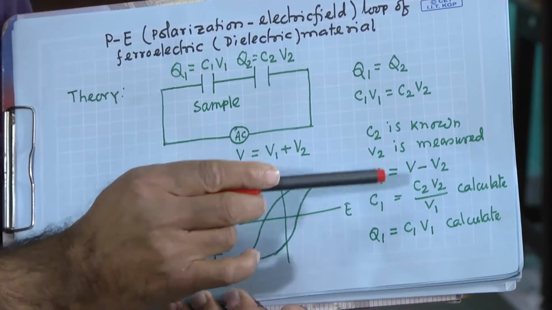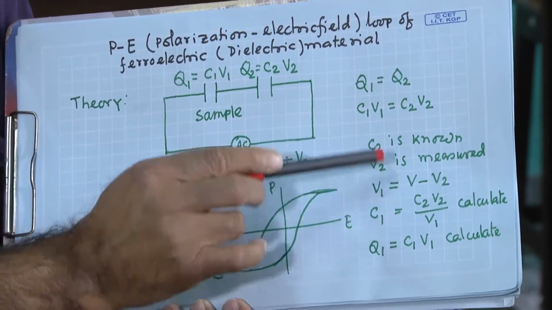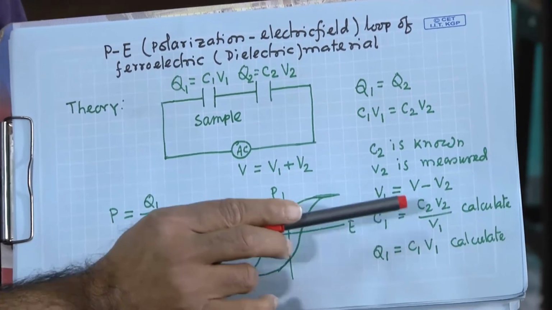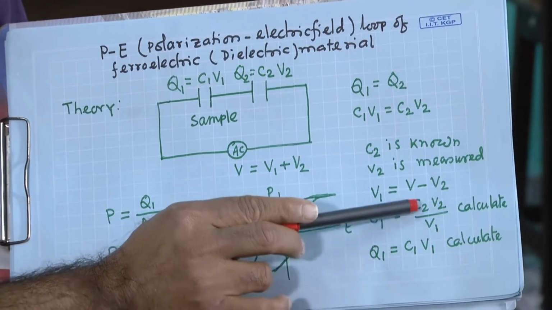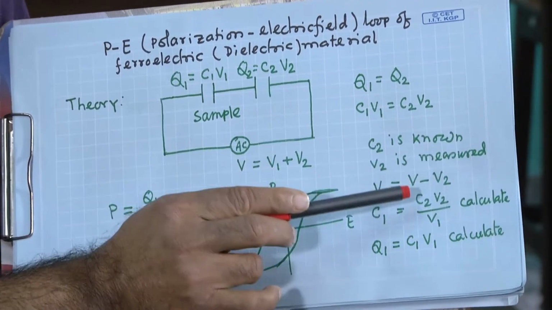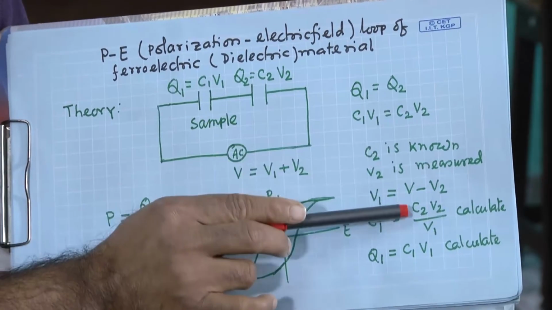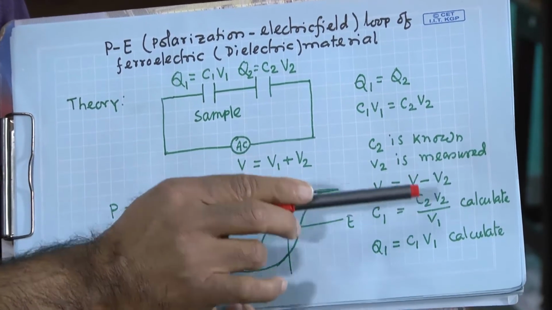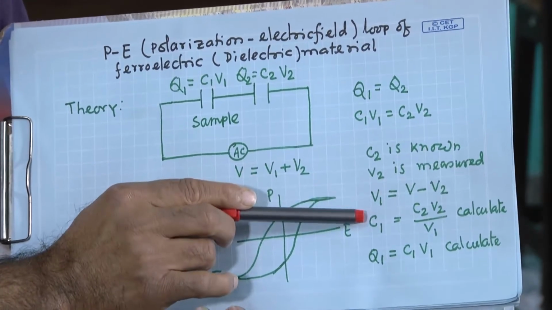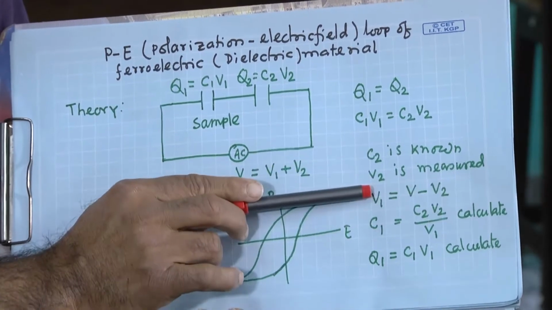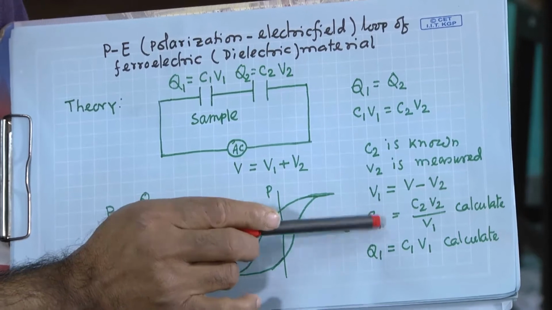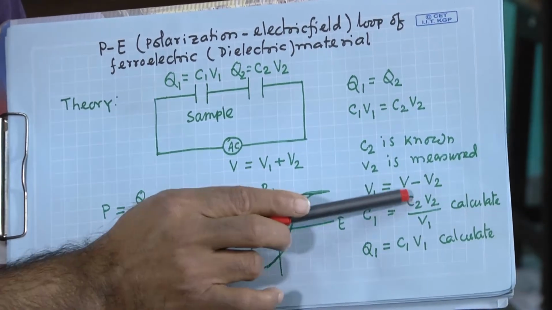So, C1 will be equal to C2 V2 by V1. V2 is measured, C2 is known, and V1 is known from V and V2, so we can calculate C1.